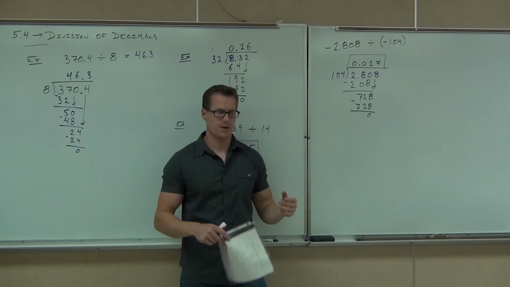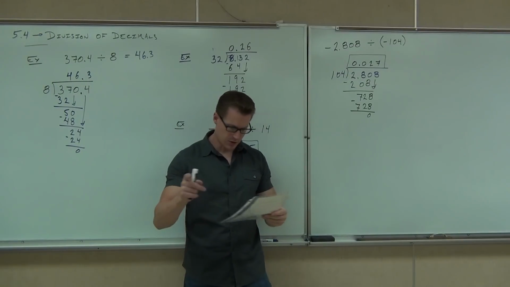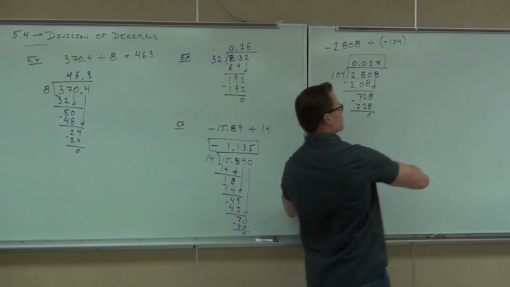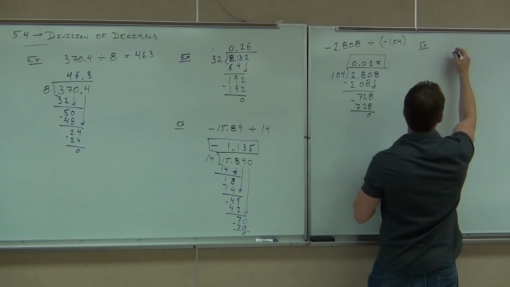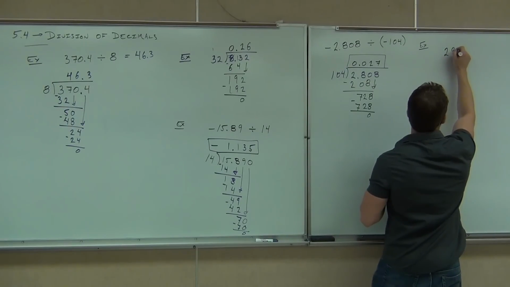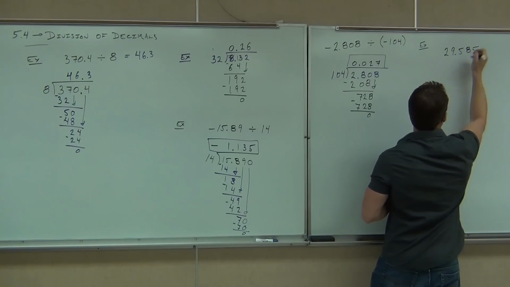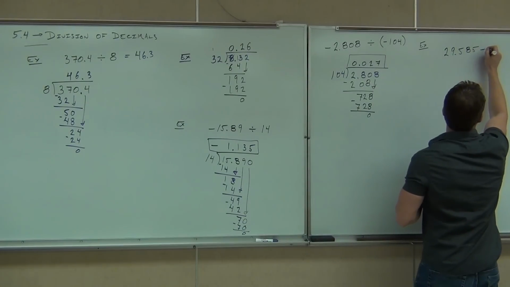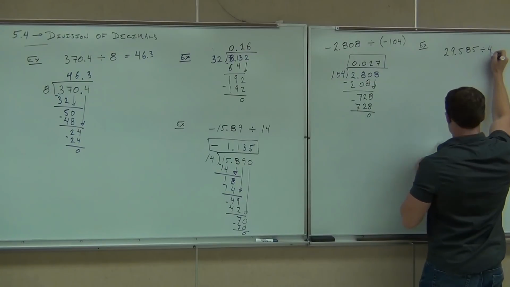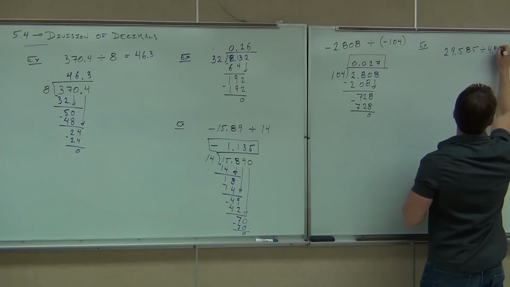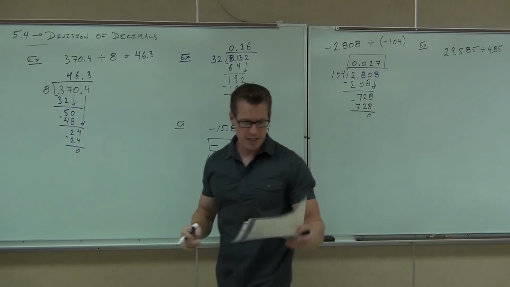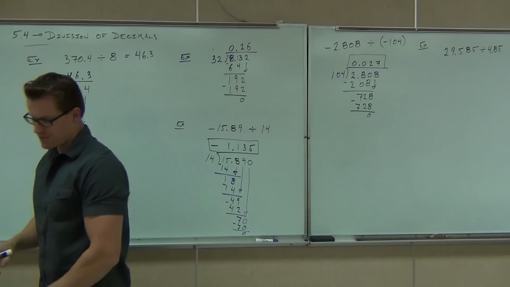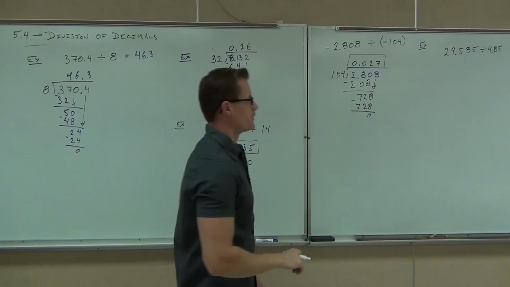Does that work? Let's try one more together. I'll show you why it works, and then we'll continue. Let's do 29.585 divided by 4.85.